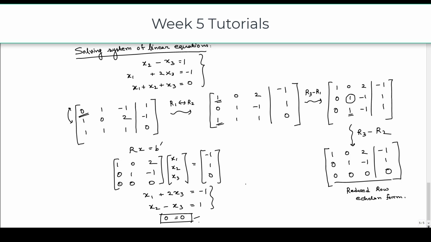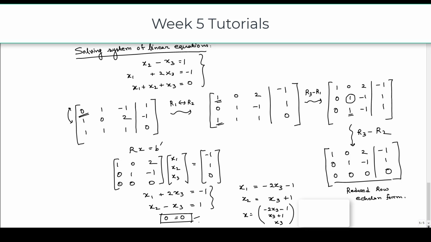From the first equation we can write x1 in terms of x3, which is minus 2x3 minus 1, and from the second one we can write x2 in terms of x3, which is x2 equal to x3 plus 1, and the last one is 0 equal to 0, which is exactly true, so nothing to do about that. So our solution x will be minus 2x3 minus 1, x3 plus 1 and x3.